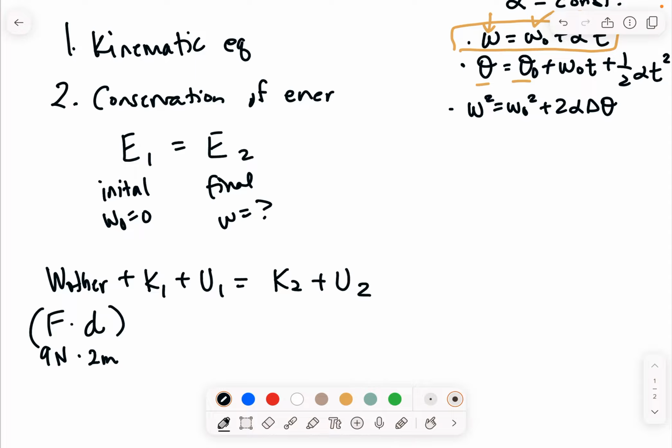And this is a pull force, which means that the direction of the force and the direction of the motion are in the same direction. So this is going to be a positive work. Okay. And then we have our initial kinetic energy, which is 0 because omega naught is 0.